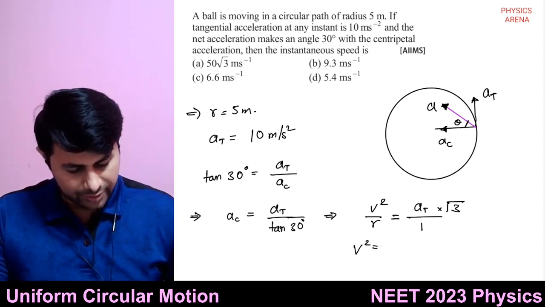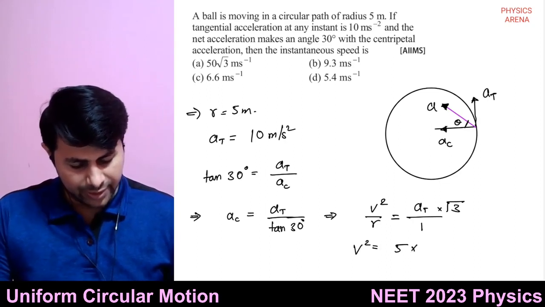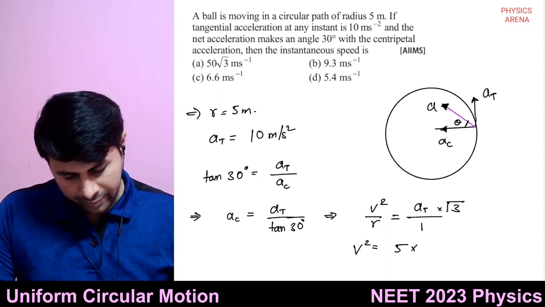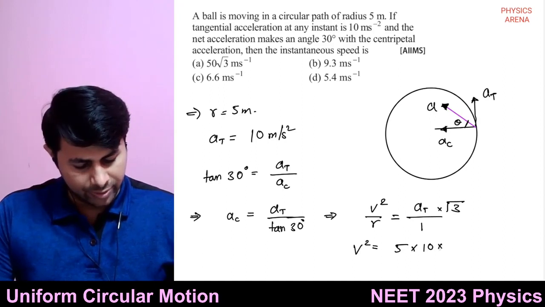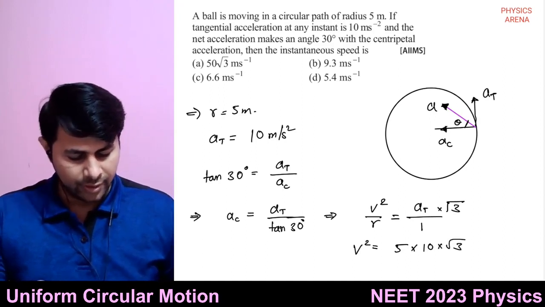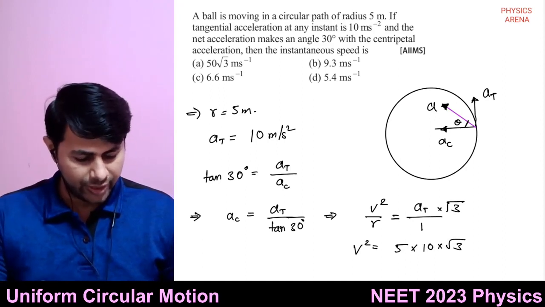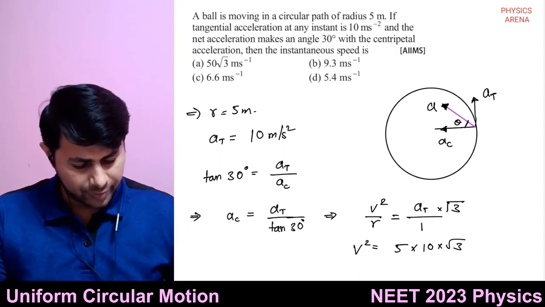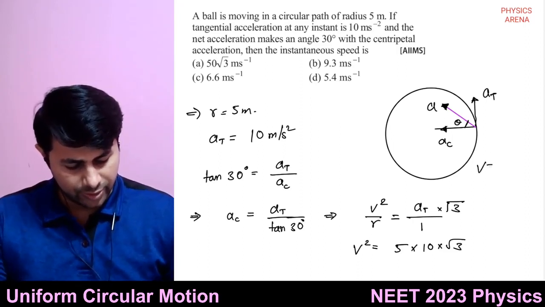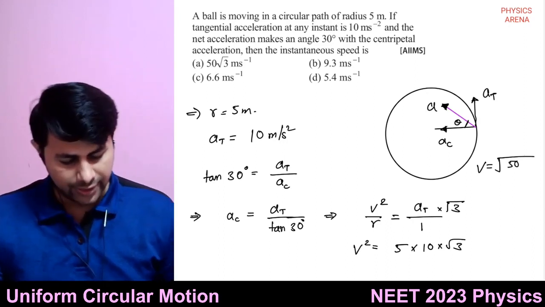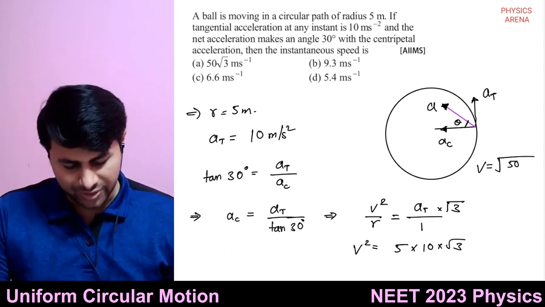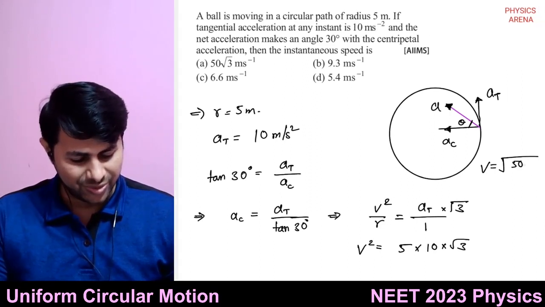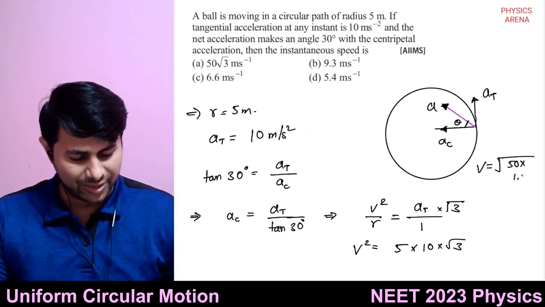So v square is equal to 5 times AT, which is 10 times root 3. And once again we have to find out v. So v will be equal to the square root of 50 root 3. Okay, so directly it is given. No, it's not. Okay, square root of 50 multiplied by 1.73.